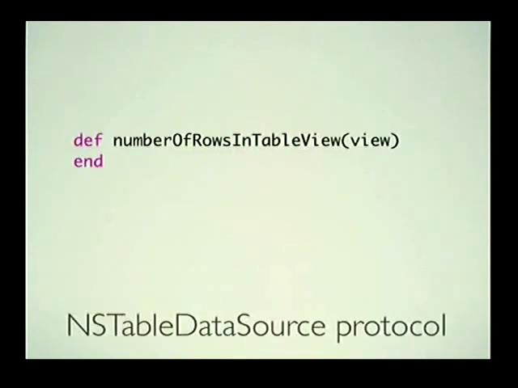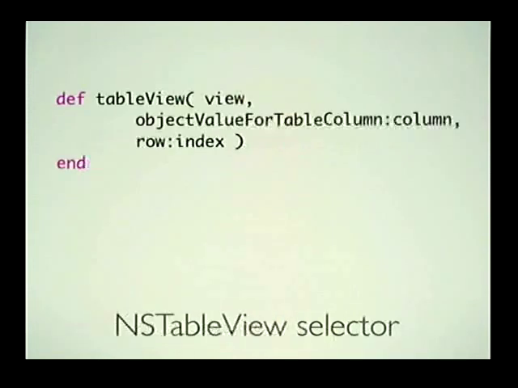What that means is that there are a bunch of methods that are not required, but if you use them, you will be able to do more things. And there are some that actually are needed if you want to feed the table view. So the first thing we need is a method called numberOfRowsInTableView, and we need to pass the view, and that will let the table view know how many items we have in the table view.